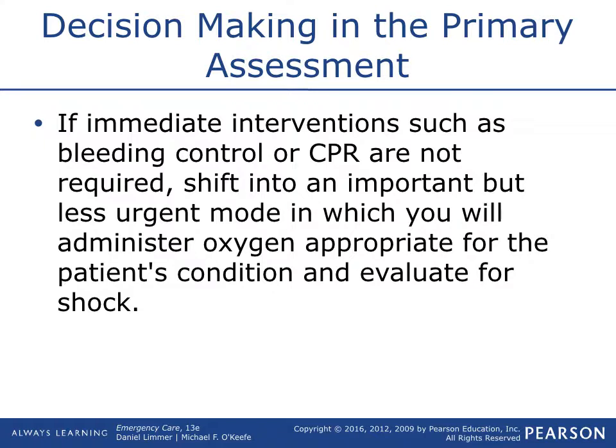Keep in mind that the first steps of primary assessment will depend on your initial impression of the patient. And as already noted, if the patient shows signs of life, you will begin to work through ABCs in order, dictated by your patient's priorities. So as you go from top to bottom of the patient, you're going to have a priority list as you go through, and it's going to vary.